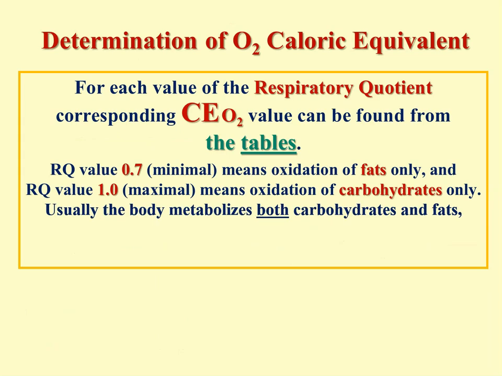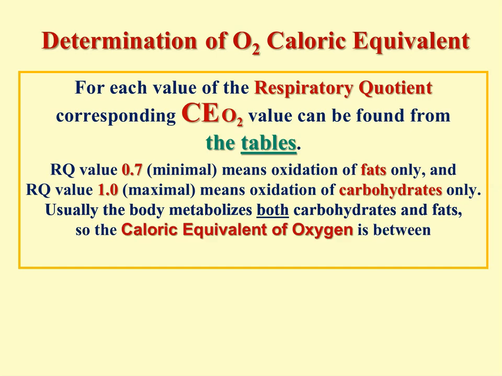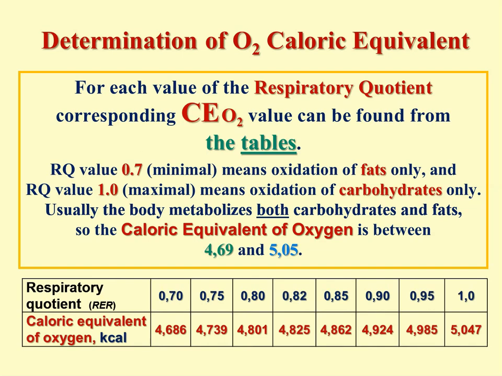Again, the minimal value characterizes fats oxidation, the maximal value carbohydrates. Similarly, the caloric equivalent of oxygen is minimal for fats and maximal for carbohydrates. And if we use both substances for oxidation, the value of the caloric equivalent is somewhere between these limits. And so these tables are developed. You see again, minimal respiratory quotient 0.7 and minimal caloric equivalent 4.69.